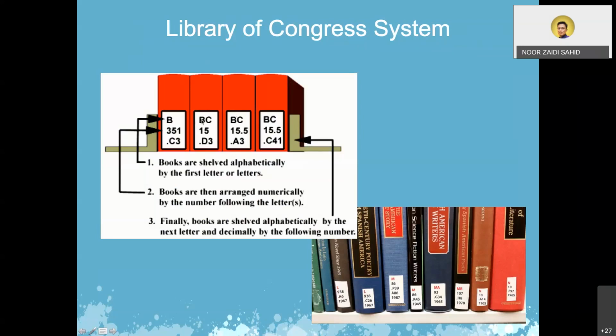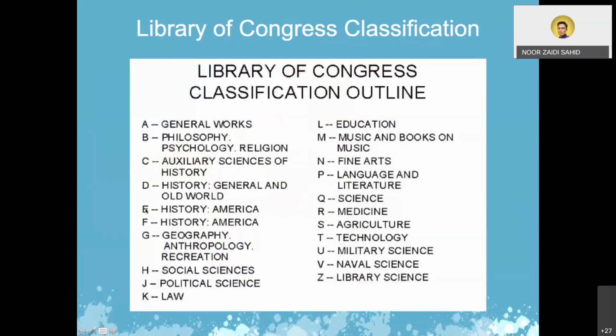Ya, ini combination ni ditentukan melalui bidang-bidang yang spesifik. Ya, maknanya dalam manual ni, dia dah tentukan B ni untuk apa, BC ni untuk apa. You tak boleh, macam tadilah contohnya, you ambil mana-mana bidang daripada sini, you nak combine lah E dengan Q contoh. You tak boleh simply like that.